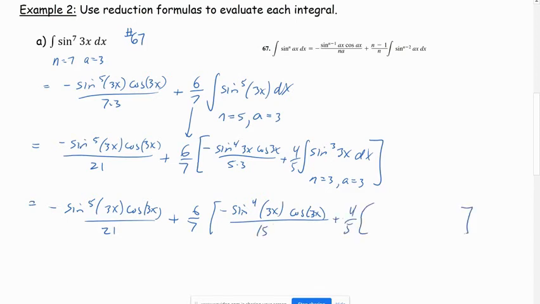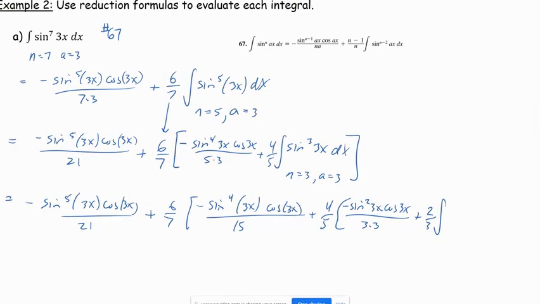And now we're going to use our reduction formula again with n equals 3, a equals 3, and we get sine squared 3x cosine 3x over 3 times 3 plus 2/3. New integral is now sine 3x dx. And that is an integral that we can evaluate by hand.